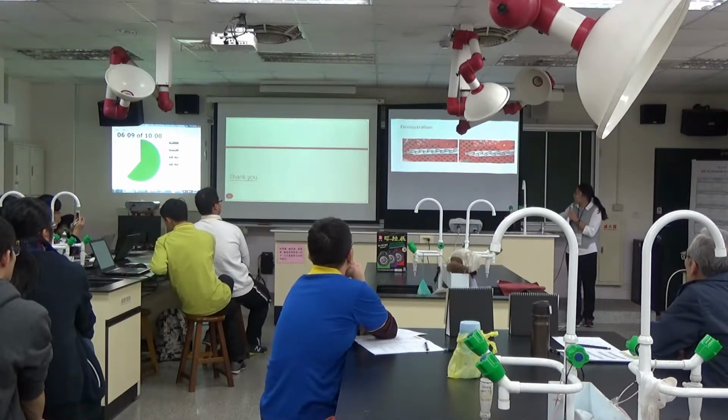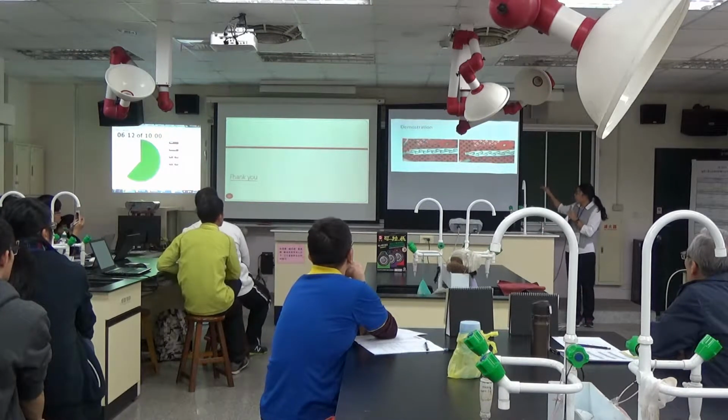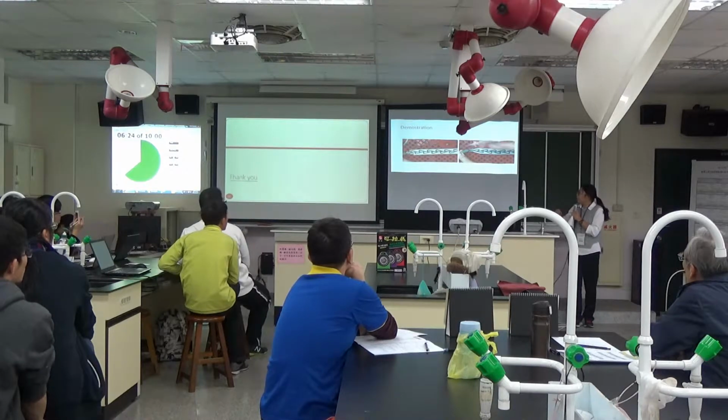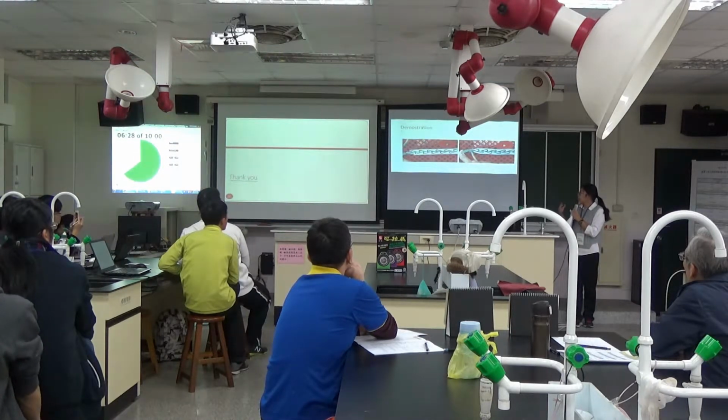You can see it flows along the shortest path of the tube. And this is the negative wave. You can see the water will flow through all parts of the tube, and the speed will be smaller.